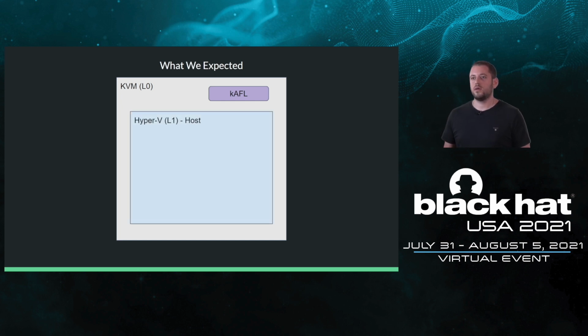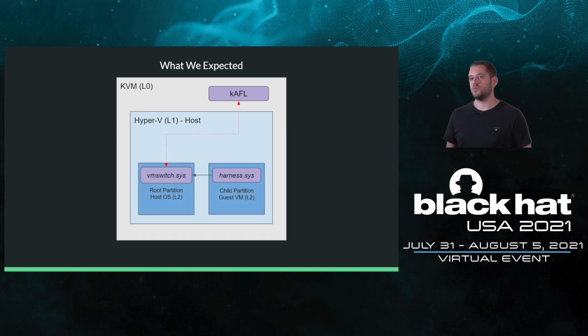We have L1, which is our target hypervisor, Hyper-V, and we have L2, which contains two virtual machines, two partitions. Hyper-V partitions are actually virtual machines. The root partition contains the host OS, which runs vmswitch, our target driver, and the guest partition, the child partition, the guest VM, contains our driver, which sends packets to vmswitch.